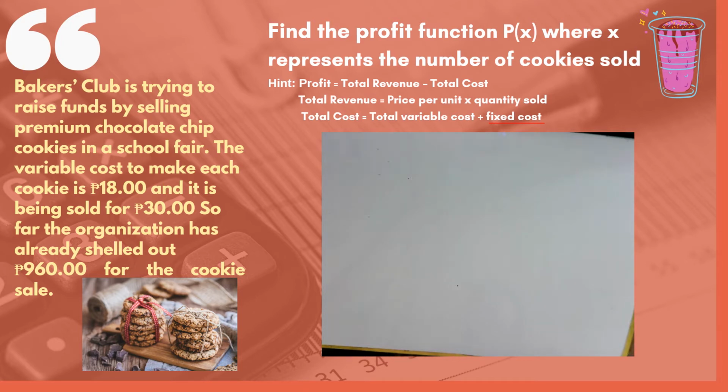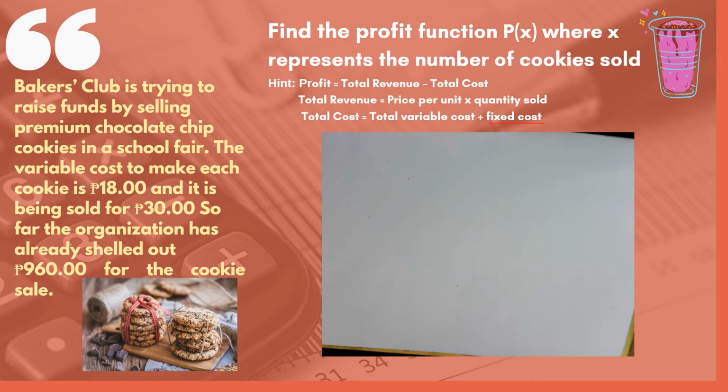Maaaring siguro flyers o kaya yung mga kagamitan sa paggawa ng cookies, hindi lang yung ingredients. So, sa makatuwid, hindi lang yung variable cost o yung puhunan kada cookie ang ating i-consider kapag tayo ay nagtitinda. Dahil meron pang ibang mga expenses o cost doon sa seller.